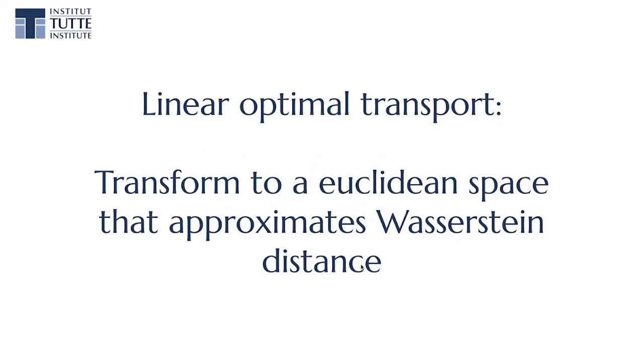I don't want to get into the details because once again, this is a whole field in and of itself. But the goal of this approach is to transform the data into a simple Euclidean space where the Euclidean distances in that new transformed space are actually good approximations of, or at the least, very strongly correlated with Wasserstein distances in the original space.